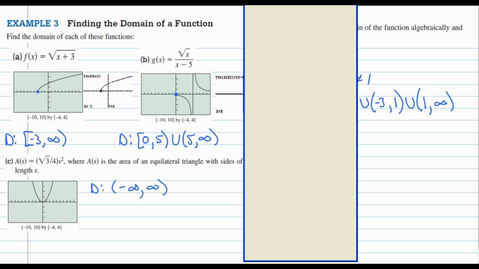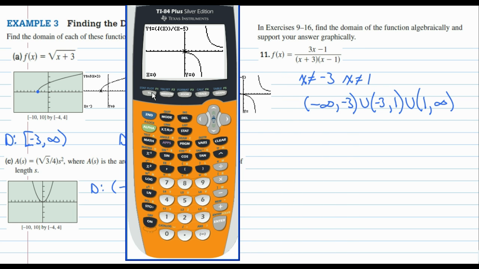So I'm going to graph this to make sure that what I just thought about and my calculator are telling me the same thing. Again, keep your numerator in a set of parentheses, 3x minus 1.